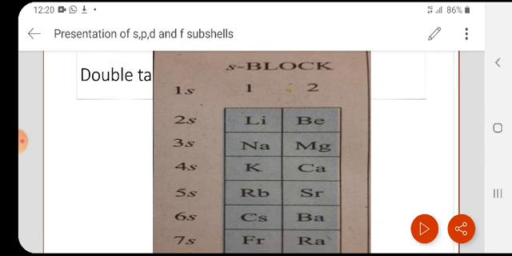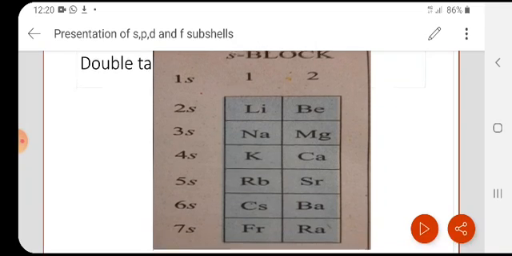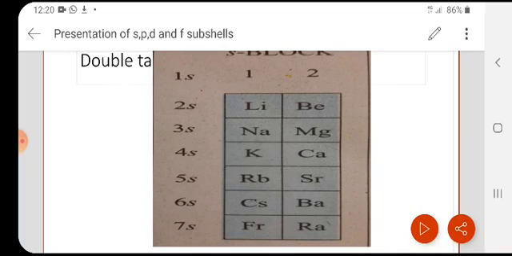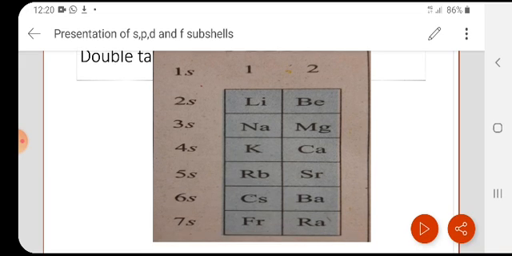S block elements are all reactive metals with low ionization enthalpies, because group 1 elements lose 1 electron and group 2 elements lose 2 electrons to form +1 and +2 ions. Because of their high reactivity, these elements are never found in pure form in nature.